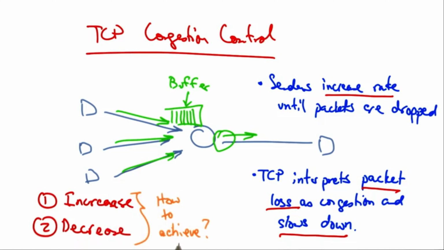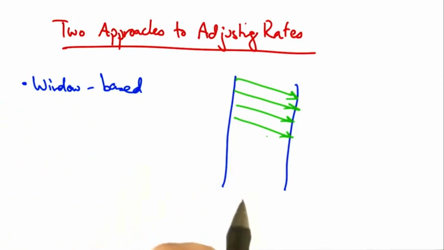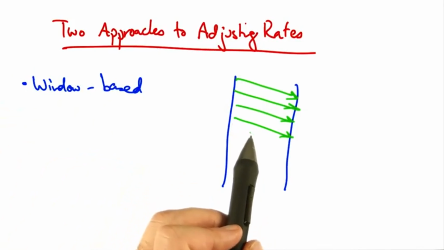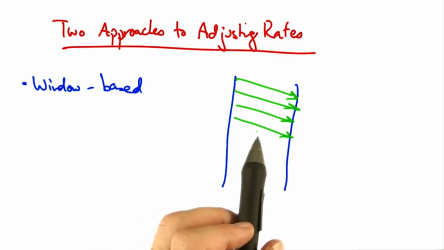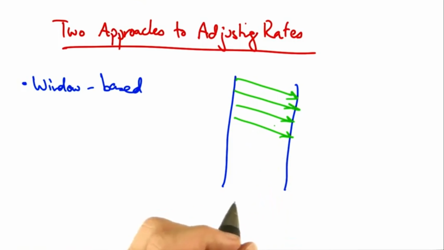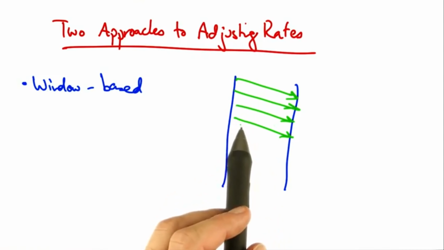Let's now talk about how senders can achieve these increase and decrease algorithms. One approach is a window-based algorithm. In this approach, a sender can only have a certain number of packets outstanding, or, quote, in flight, and the sender uses acknowledgments from the receiver to clock the transmission of new data. So let's suppose that the sender's window was 4 packets.